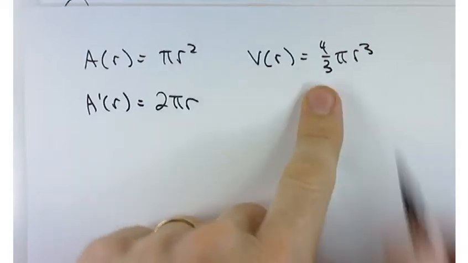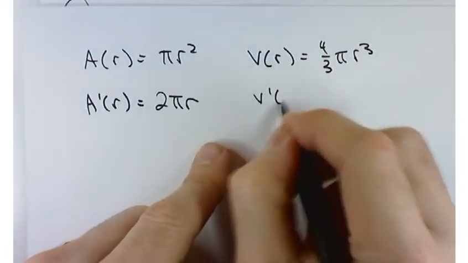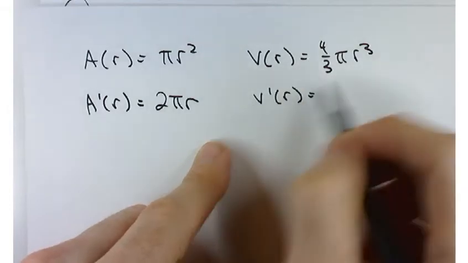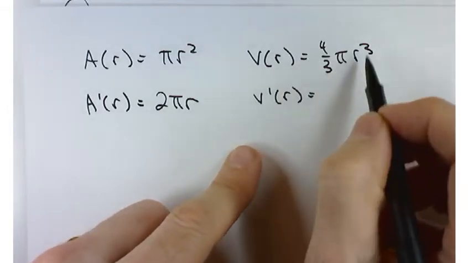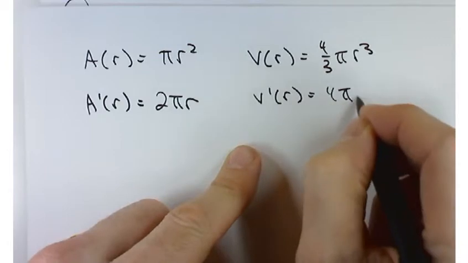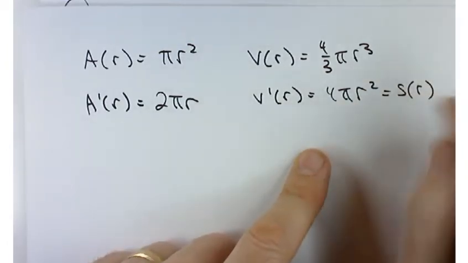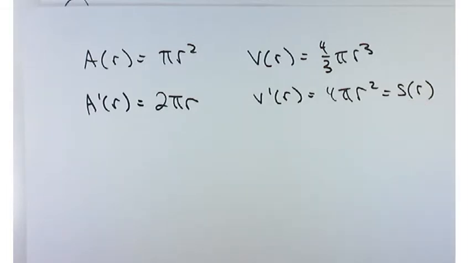So let's figure out what the derivative here is. V prime is going to be 4 pi r squared. And this is the formula for the surface area of a sphere. So again, it's the derivative. You can keep playing this game.